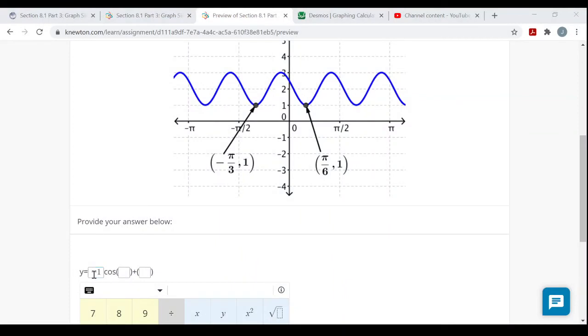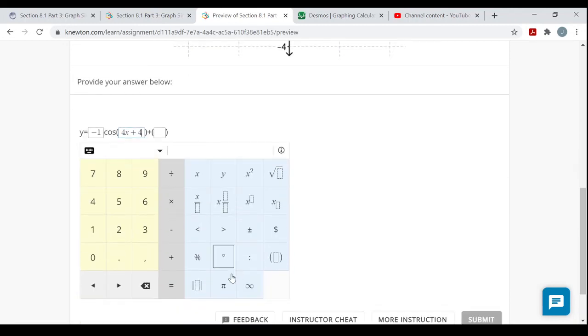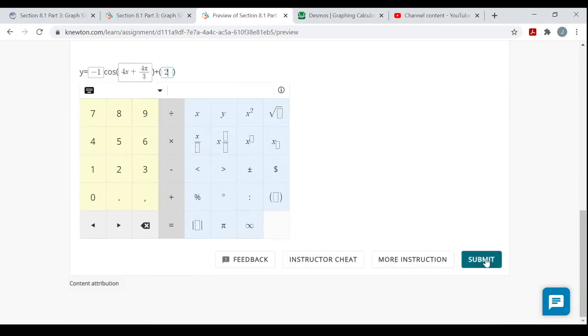So we're entering -1 there, like I said, and then inside the cosine, after distributing that 4, I had 4x plus 4π divided by 3, and then afterwards plus 2 for the midline.